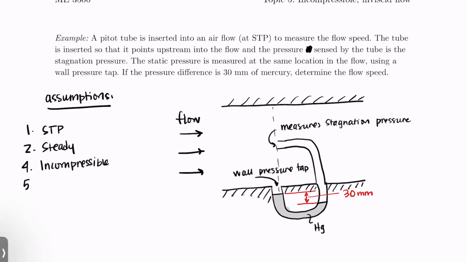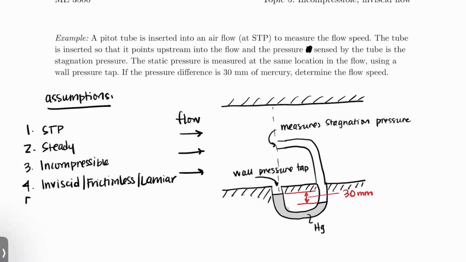I can't count. Our fourth assumption is going to be that it is inviscid or frictionless or laminar, however you want to say that is fine.